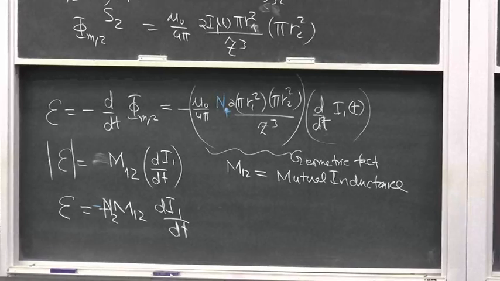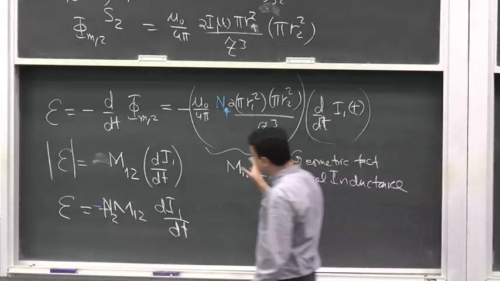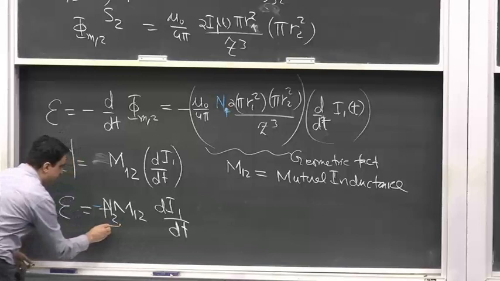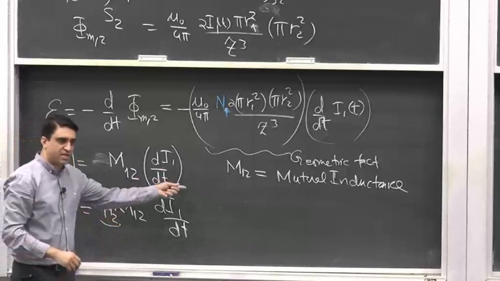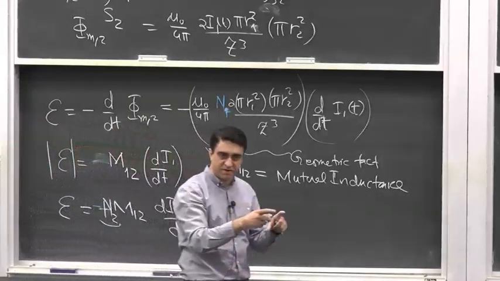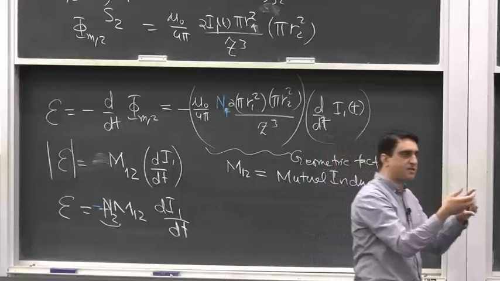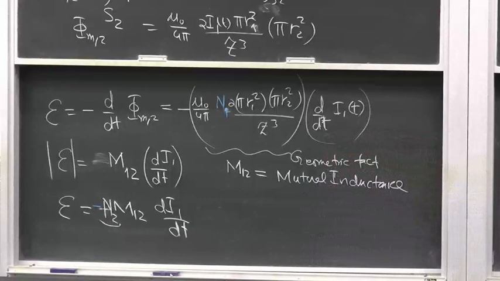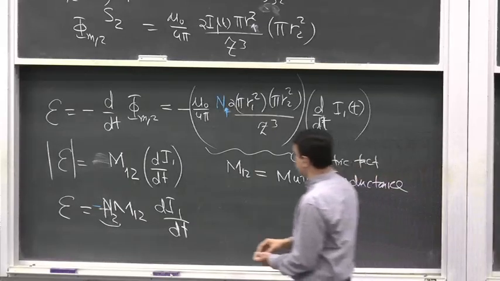But normally the convention is that the loop in which you are creating the EMF, that factor would come out, but you can put that in as well. It's again a geometric factor. It is something which is constant. You are not changing the number of turns in either of the coils with time. So this is constant in the problem, and this is not a time dependent thing. You can put both N1 and N2 in this M12.